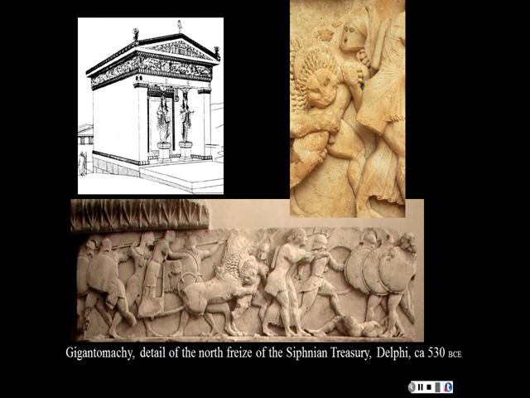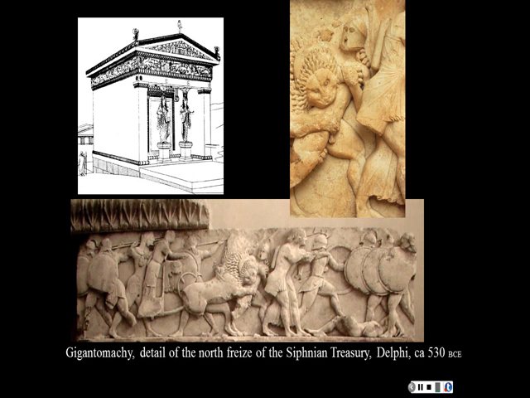Delphi, like Karnak, was a site that was built over time where the different city-states contributed different buildings. It was a great place where an oracle lived, and it was very, very important in the ancient Greek world.